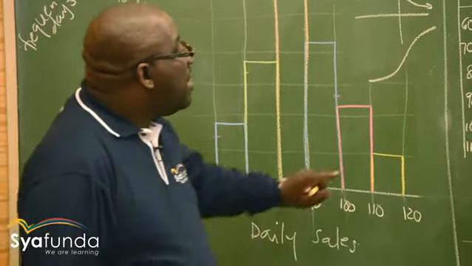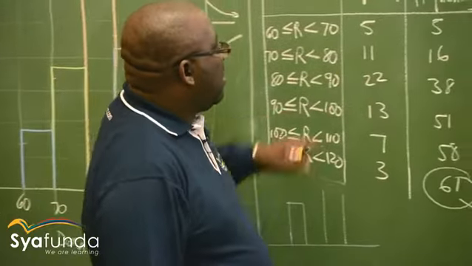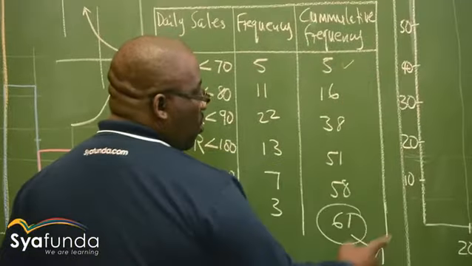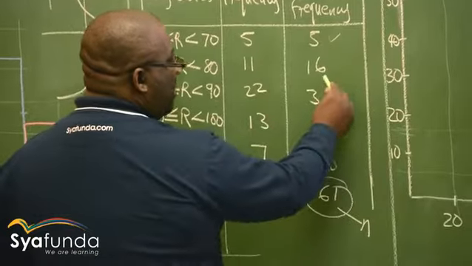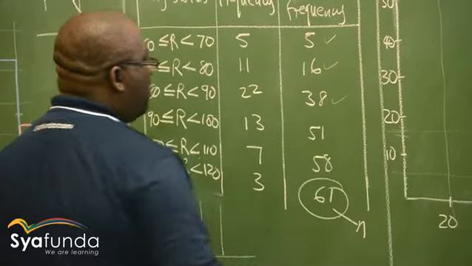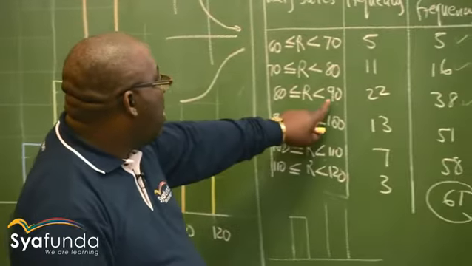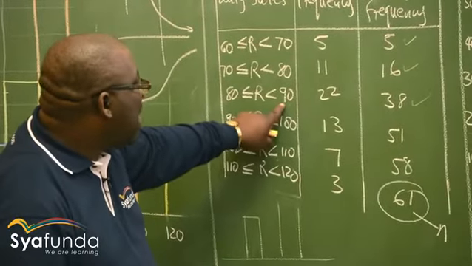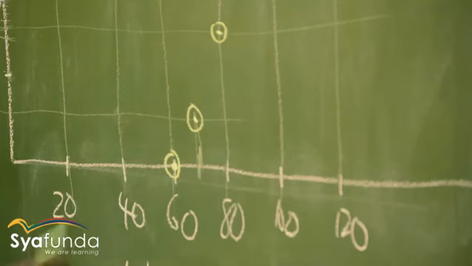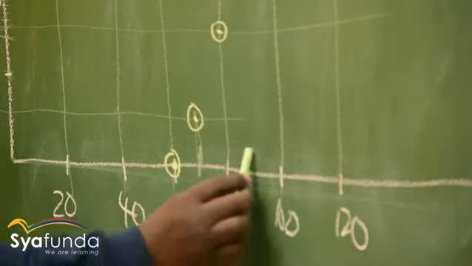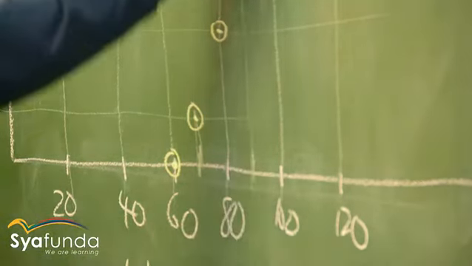The next one, after plotting, remember that we've done the second point. Now we're sketching the one that goes 90 and 38. Where is 90? If this is 80, 90 should be somewhere in between, so it is somewhere here.